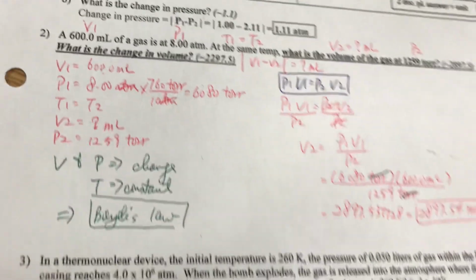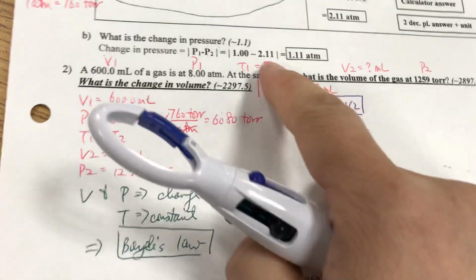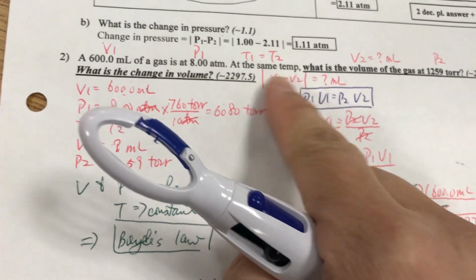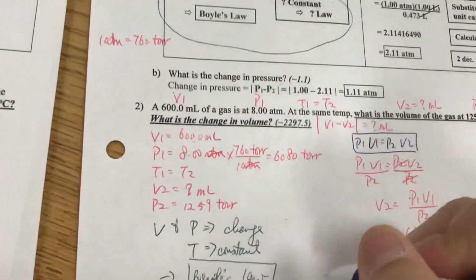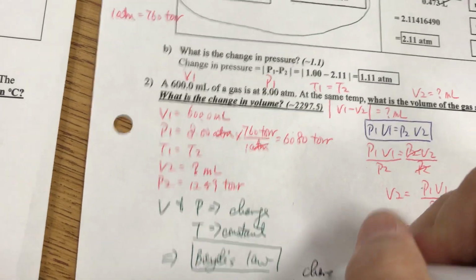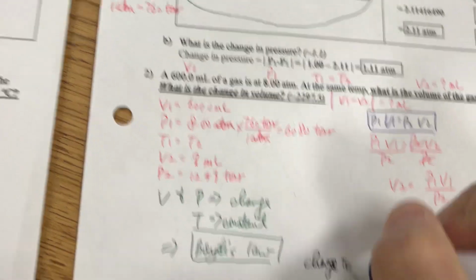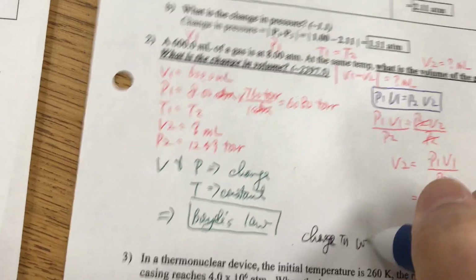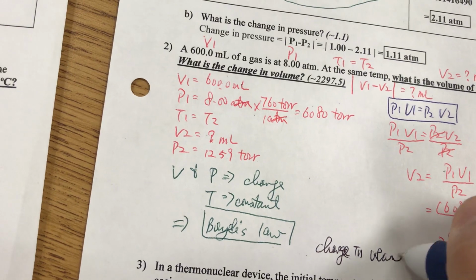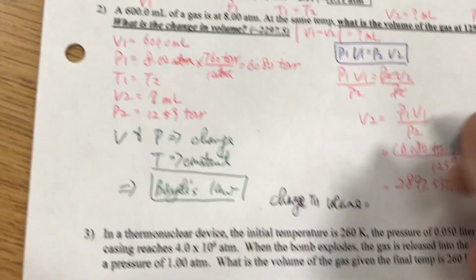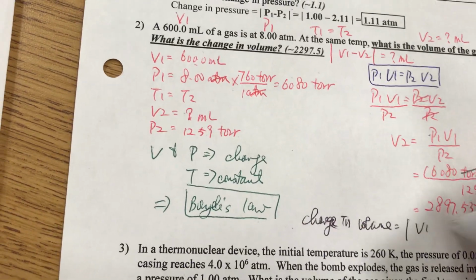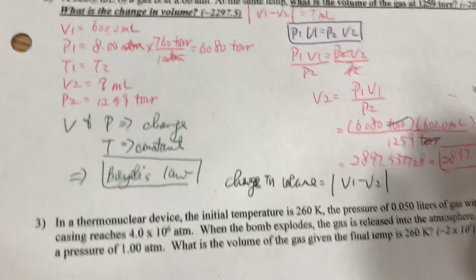Now part B is what is the change in volume? My change in volume is the difference between the two volumes, taking the absolute value. So I'm going to use the black pen. The change in volume is equal to the absolute value of V1 minus V2.